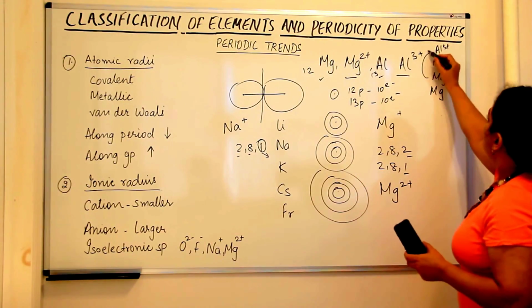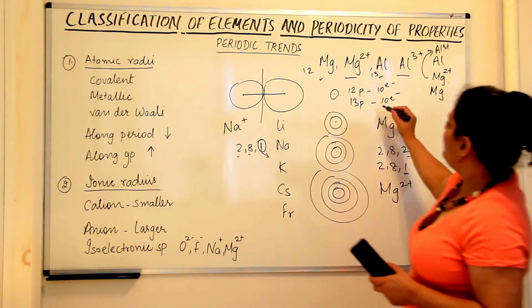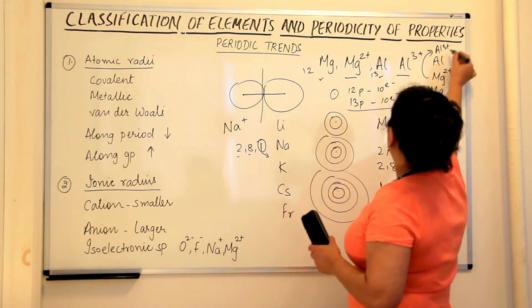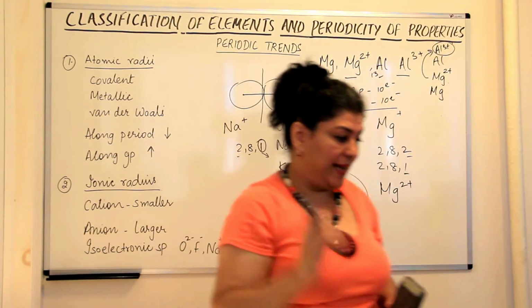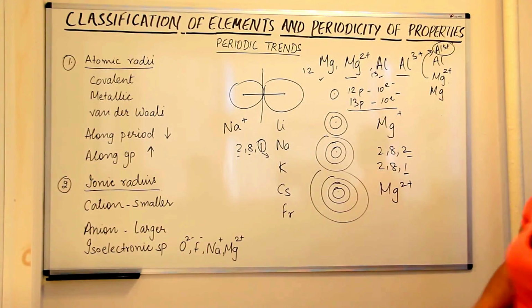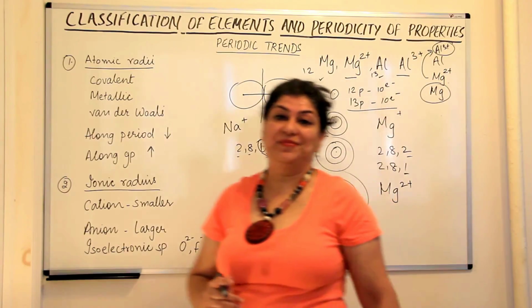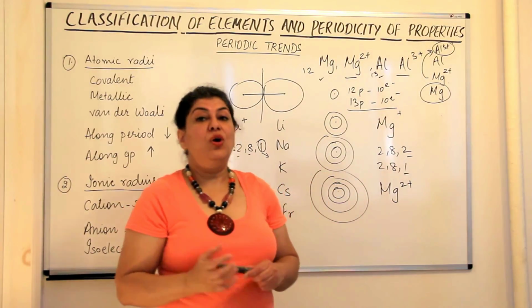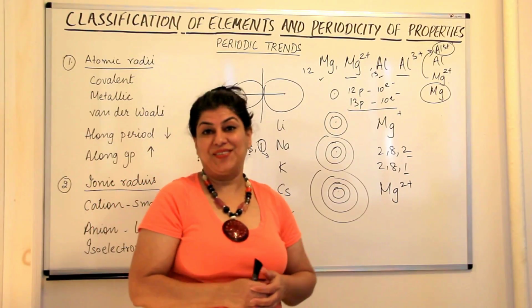But out of these two, Mg2+ and Al3+, which one would be smaller? Obviously aluminum. So Al3+ is the smallest atom here. So Al3+ would be the smallest and magnesium would be the largest. So this is how we use our knowledge of the periodic trends to answer questions.